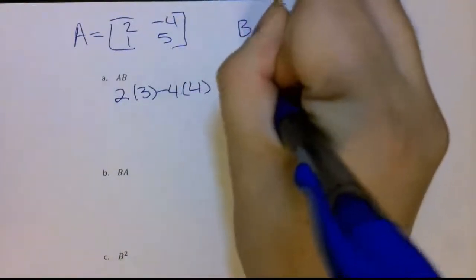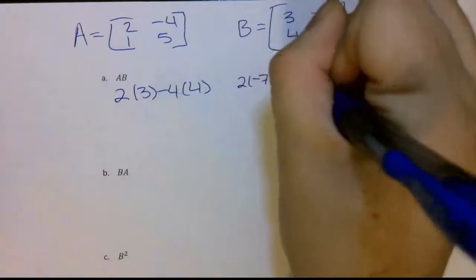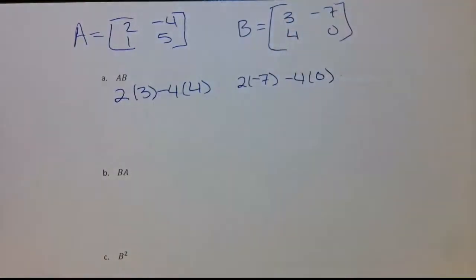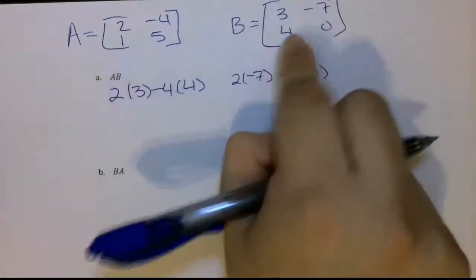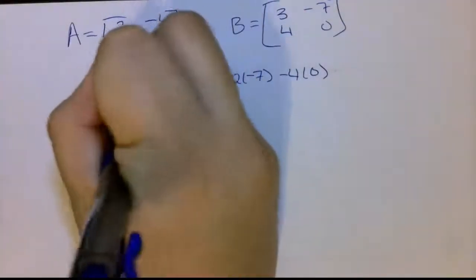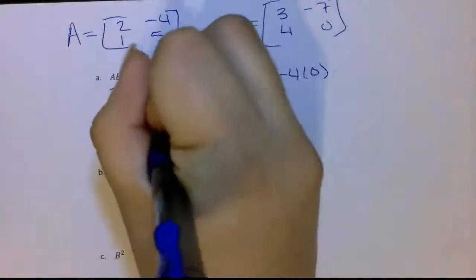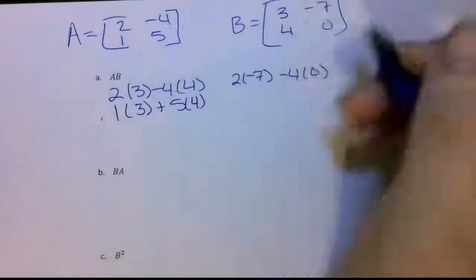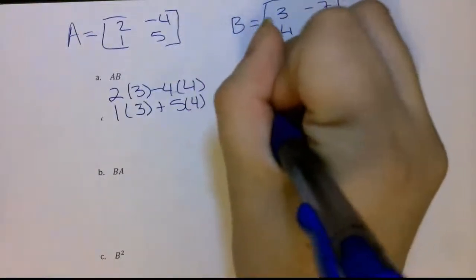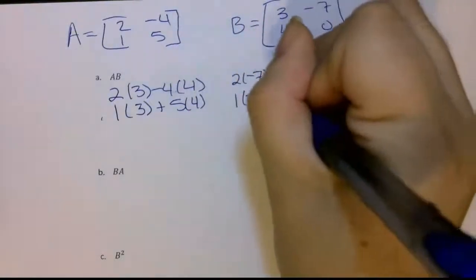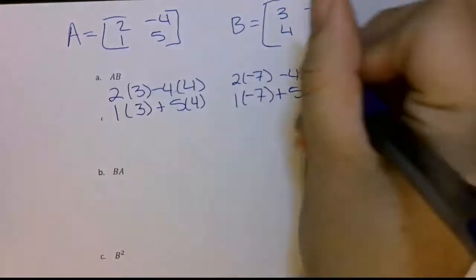I have 2 times -7 minus 4 times 0. Then for this one, I have this row with the columns. I have 1 times 3 plus 5 times 4. Then over here I have 1 times -7 plus 5 times 0.